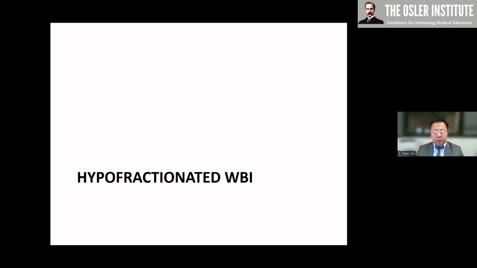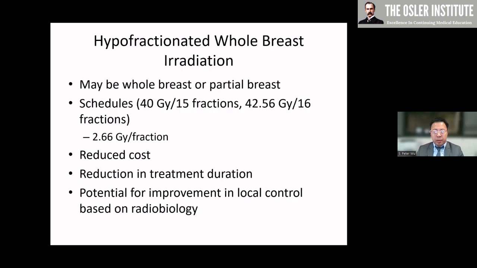Less is more currently in breast radiation. It really brings patients equivalent outcomes with much better time savings, financial toxicity, as well as, some might argue, quality of life when it comes to cosmesis in some cases.